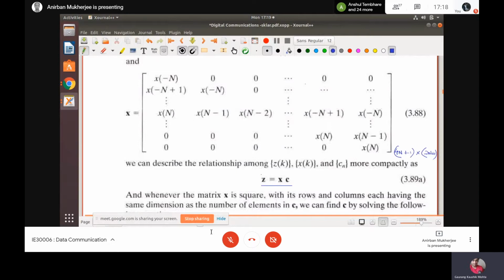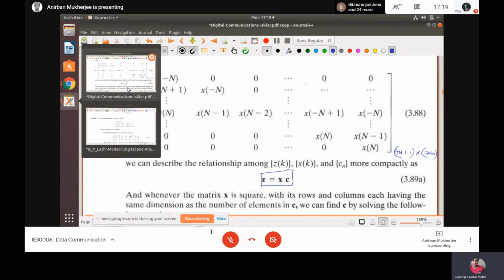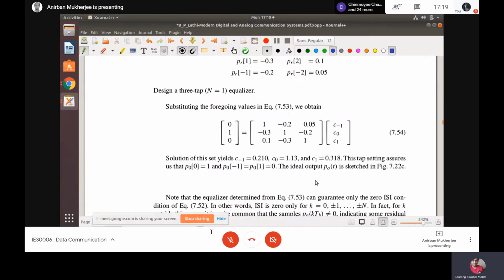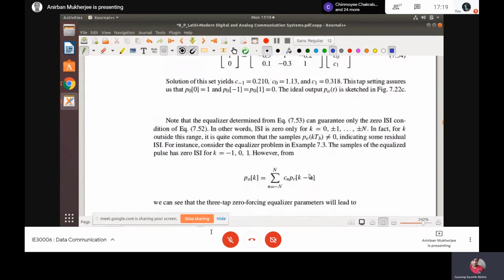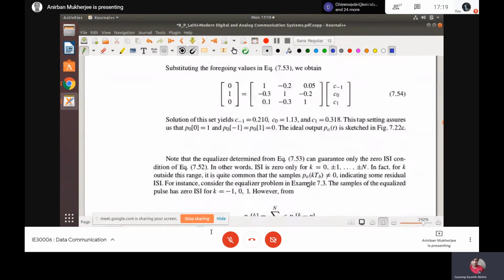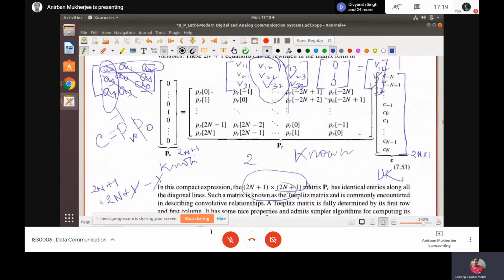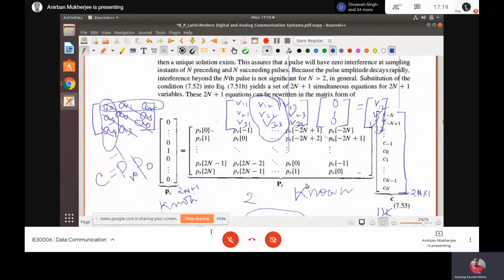Now I have this equation Z equal to XC, the same equation. Only here I am writing Z, this is X, this is C, but this X has 4n plus 1 length, it is 4n plus 1 cross 2n plus 1, and this C is the same. So then you cannot just do the inverse.